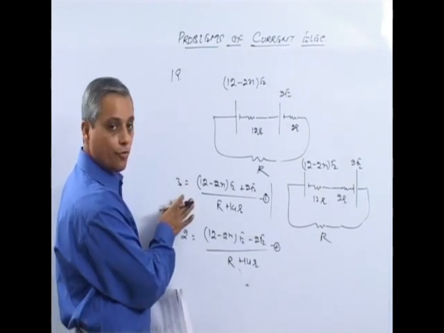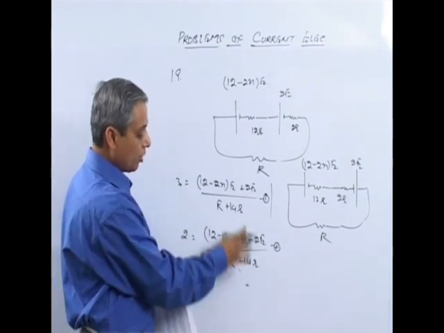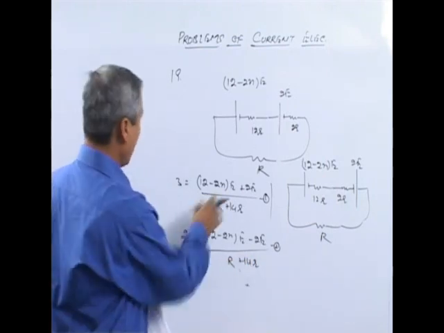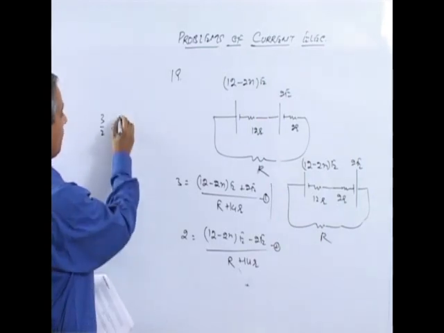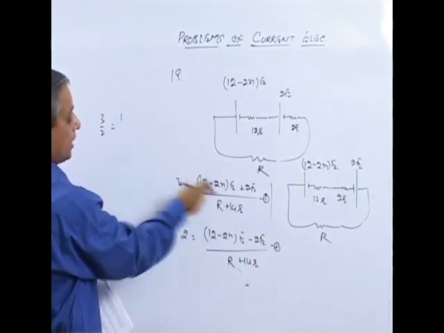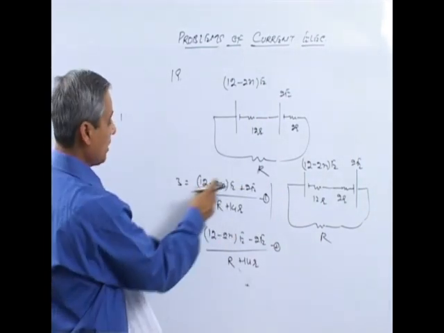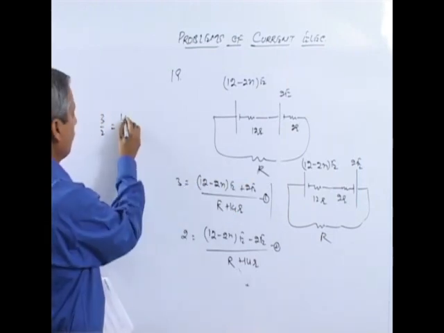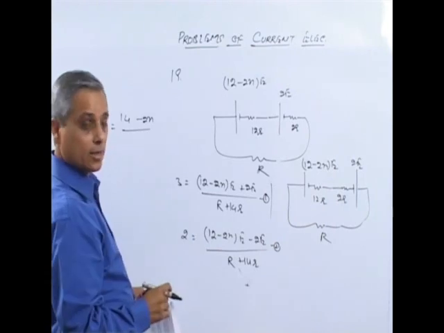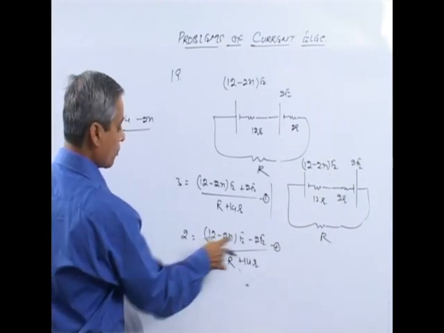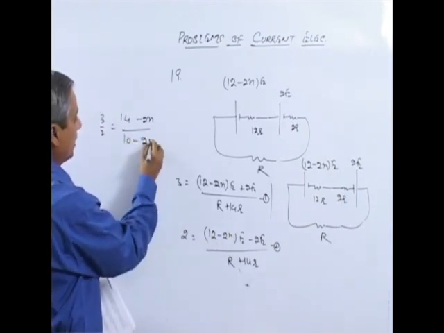You divide equation number 1 by equation number 2. The denominator will be exactly cancelled and we will be left with 3 by 2 is equal to 12, E will also cancel by taking common. So it is 12 plus 2, 14 minus 2n. In the denominator it will be 12 minus 2, 10, 10 minus 2n.